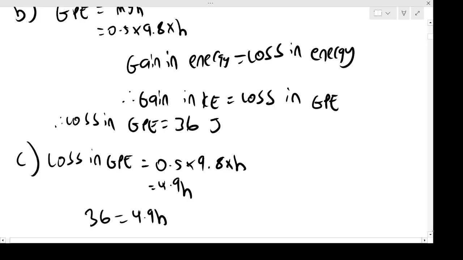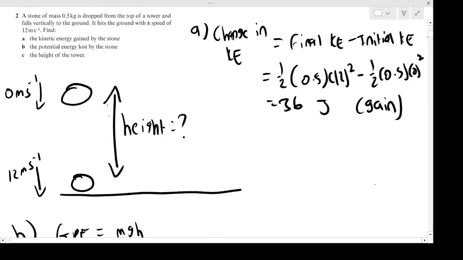So if we divide by 4.9, we get h to be 7.35 to 2 decimal places. And there we are. Hopefully that makes sense. That's the idea. In this case, we gain kinetic energy as the speed increases, so that has to match the loss in gravitational energy as the object goes down.